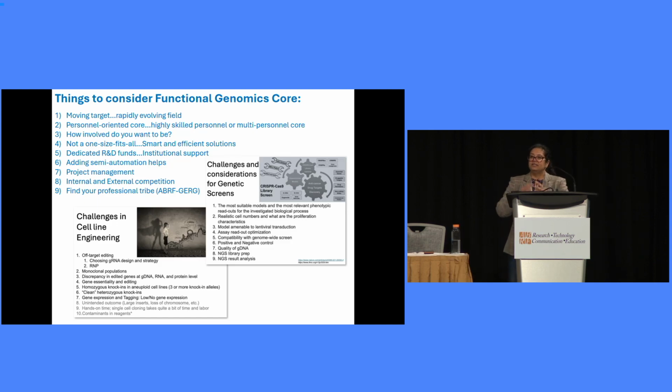We are a different kind of beast. We are not instrument cores where you buy a multi-million-dollar instrument, and because you have the instrument, people will come. We are dealing with a technology which has democratized functional genomics. People can do it in the backyard. So that creates a problem in itself. But I'm going to gradually go through my list.